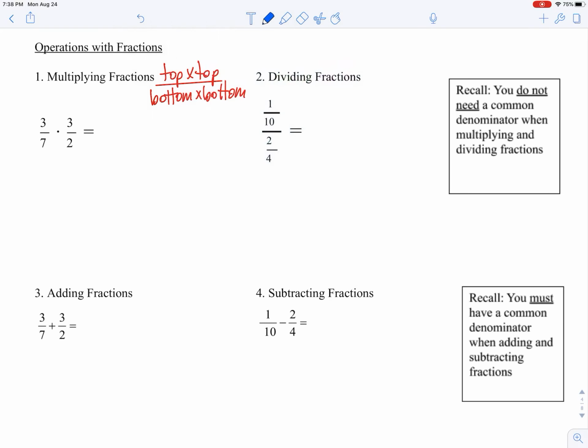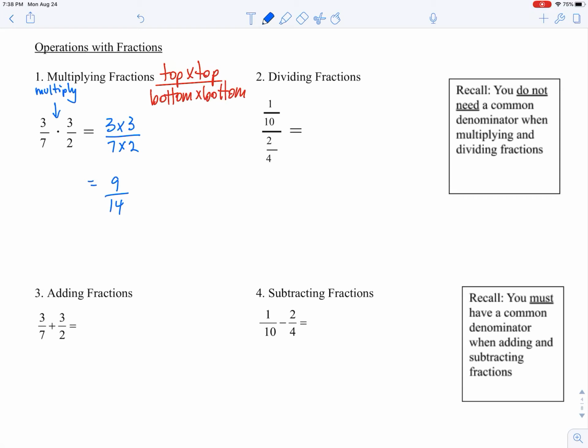So in our first question, 3 over 7 times, this dot means multiply, 3 over 2, we're going to do top times top, so 3 times 3, which is 9, and the bottom is going to be 7 times 2, which is 14, and that's it.